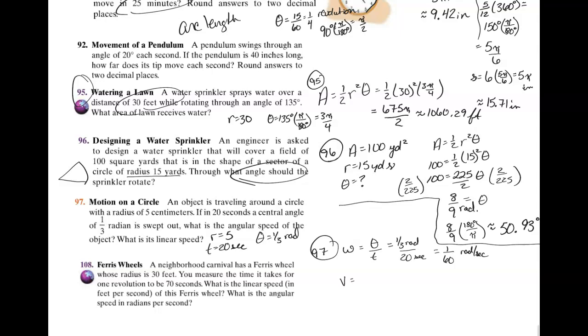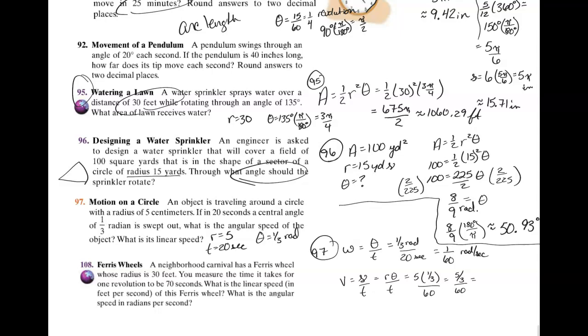Linear speed is going to be s over t. Remember, s is arc length, so that's r times theta divided by t. In this case, our radius is 5. Our theta is 1/3 divided by 60. So we have 5/3 divided by 60.